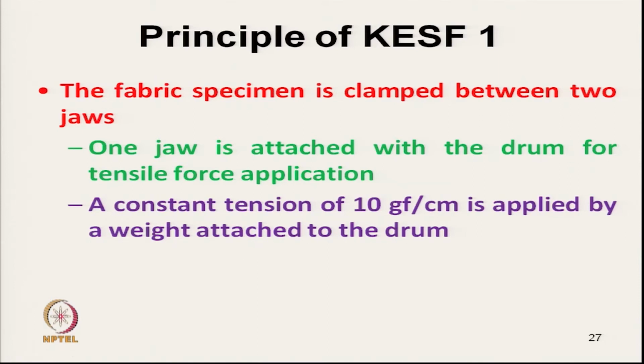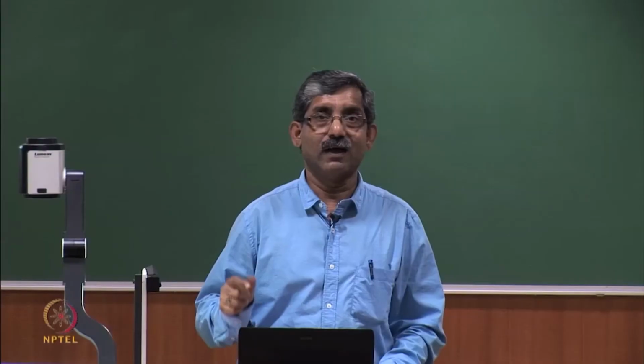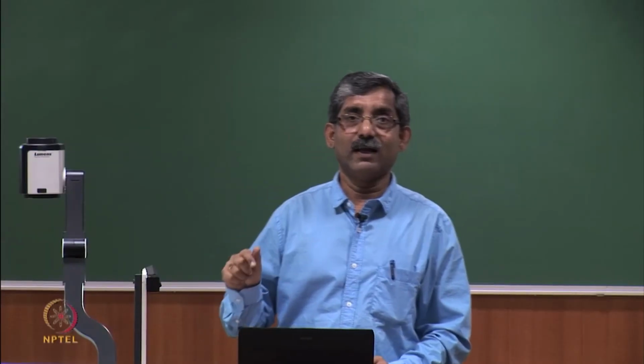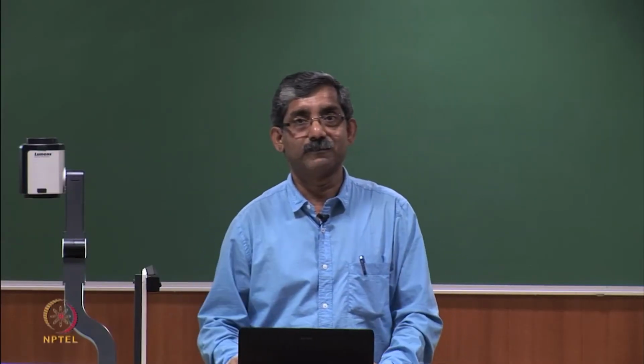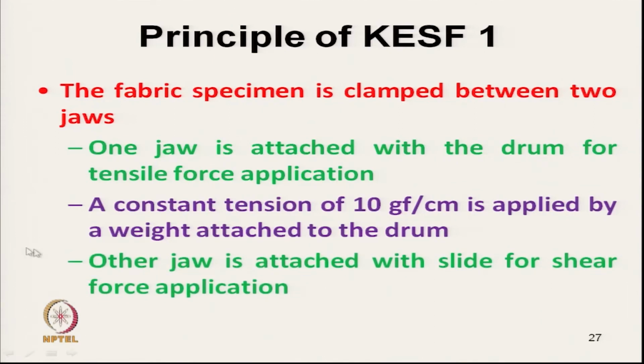So, a constant weight is hung on it, and then the fabric is gripped, and the other jaw is attached to the slide for shear force application. So, one jaw is a slide, another jaw is a drum.